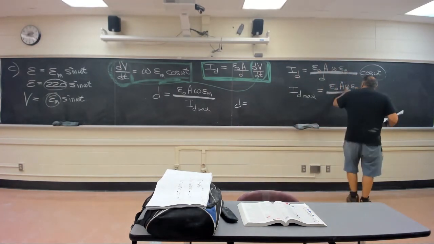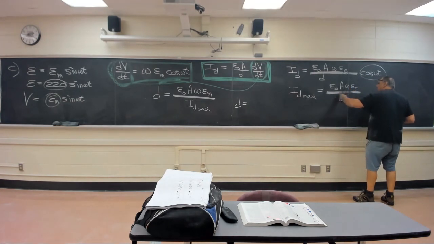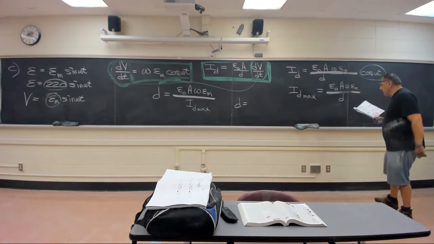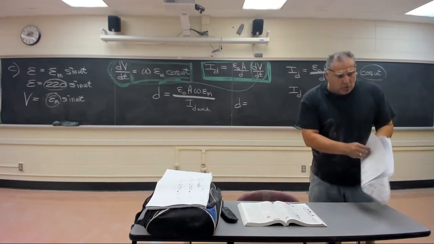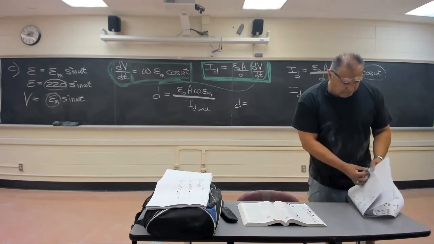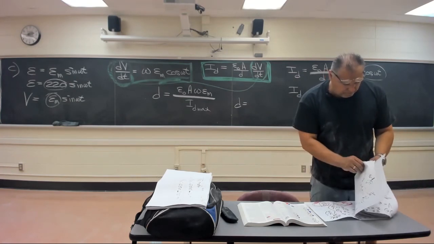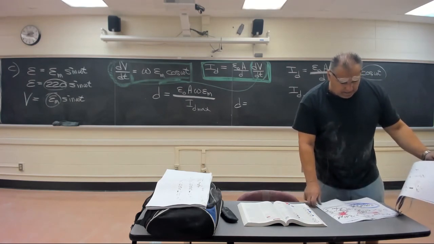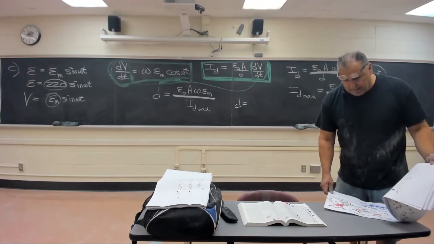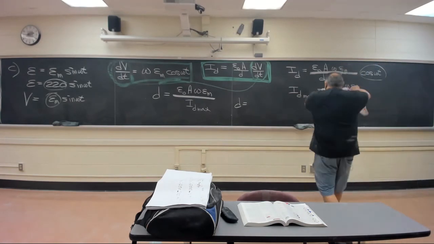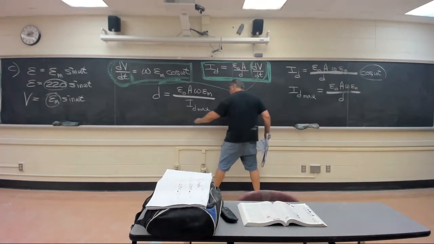That's going to be pi capital R squared, the omega they gave you, E sub m they gave you, epsilon naught, D you don't know, but you do know I_D max. That's going to be equal to what we said in the first case. The I_D max would be the whole thing, right? I_D max was equal to the whole thing, so that's 7.6 microamps, whatever. You plug in all the stuff, guys, that's here.